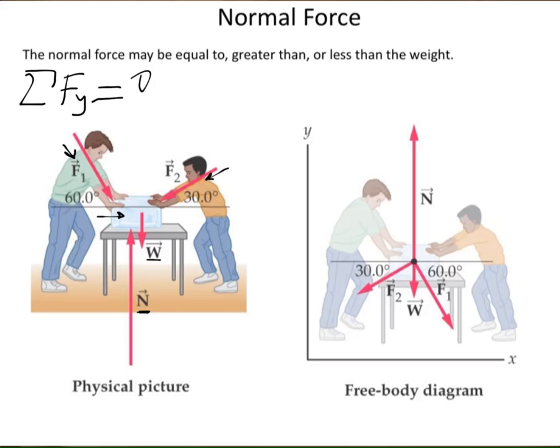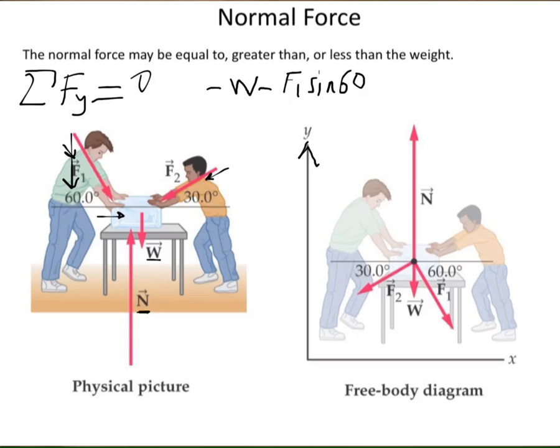With this choice of coordinate system, the weight is negative, right? And F1 has a downward component in the y direction. It will be also minus F1 times sine 60 degrees.